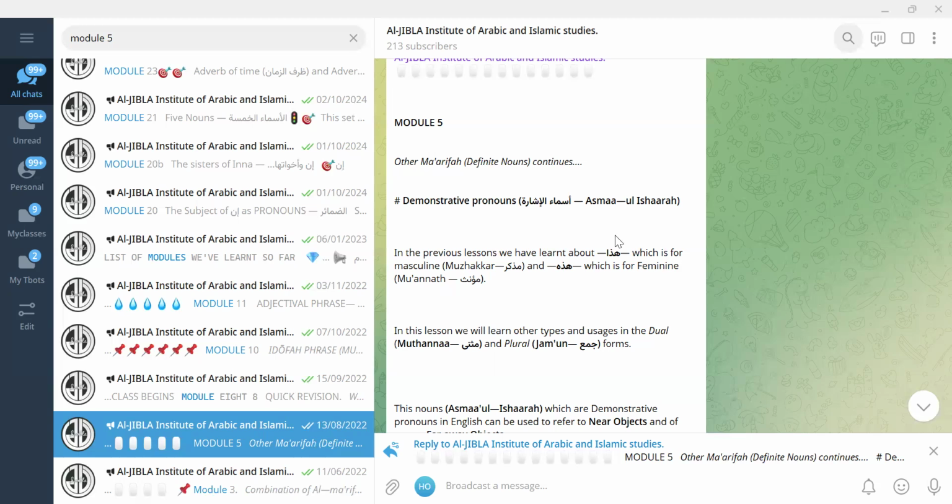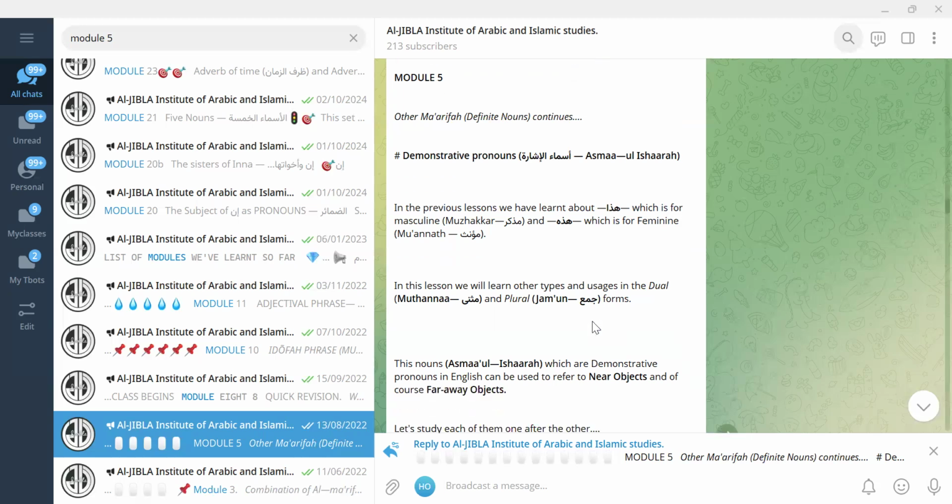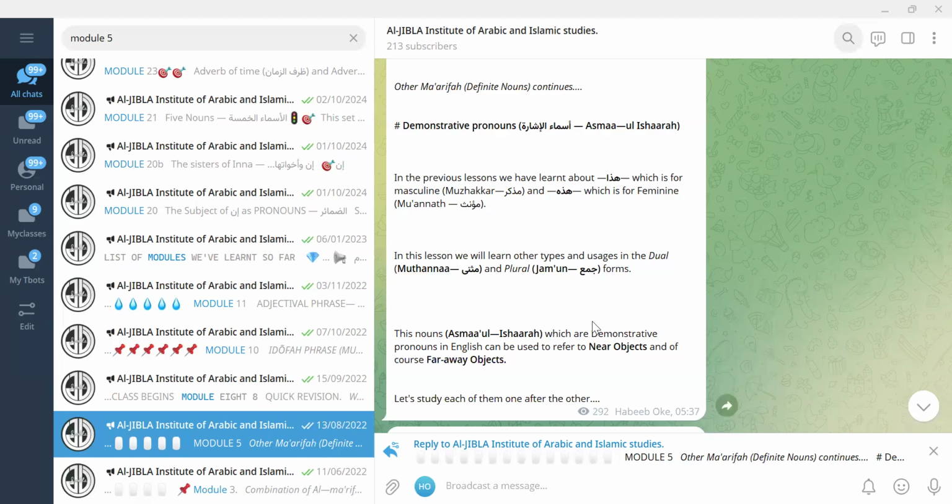Now, what we are doing in this session is how we form the muthanna and the jama. So in this lesson, we will learn other types and usages of these particular asma'ul ishara, which are the muthanna and the jama.